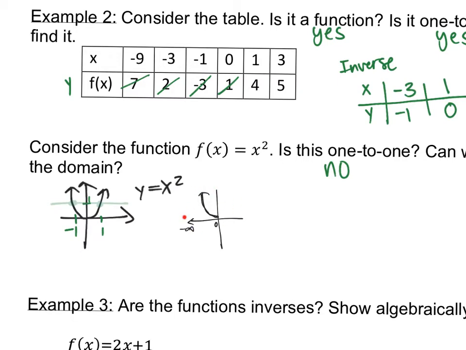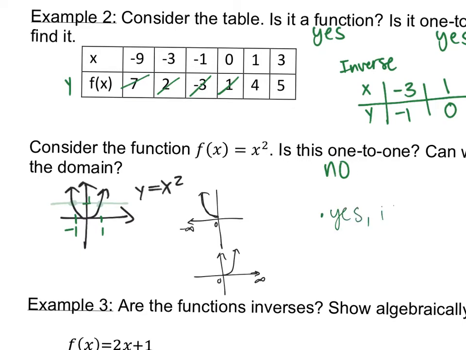If I do a horizontal line test, it will pass. Same thing if I restrict the other half, from 0 to positive infinity, then this can also pass a horizontal line test. It doesn't matter which side you choose, but you can make it 1-to-1 if you restrict the domain to half of the domain.